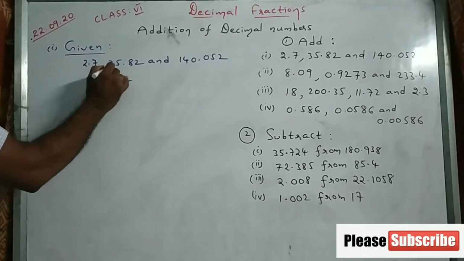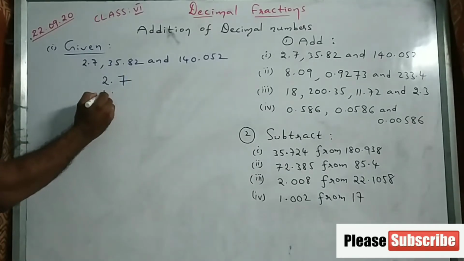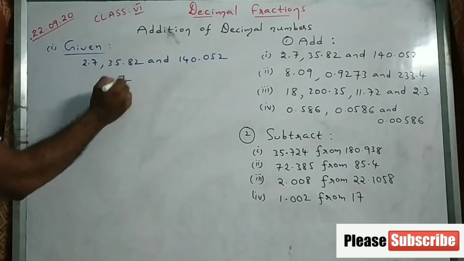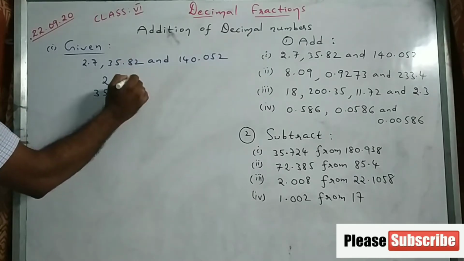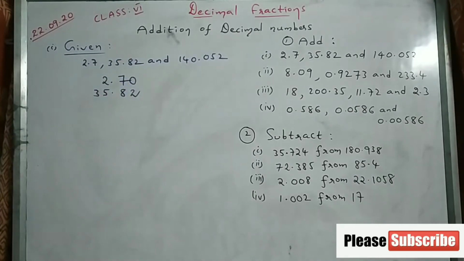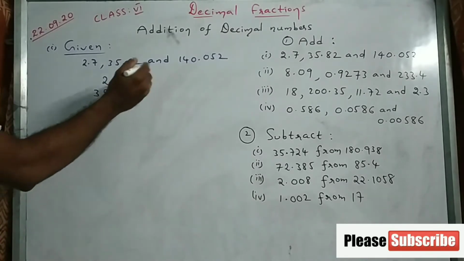Remember that point. So 35.82: you keep the decimal just opposite to the decimal point, and before the decimal point we have 35. After the decimal point we have 8 and 2, so one more digit must be 0. We can make them like decimals.